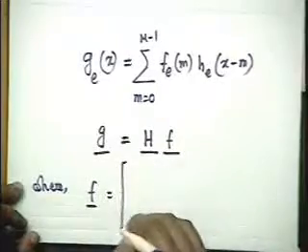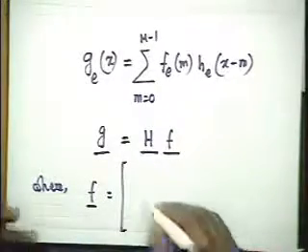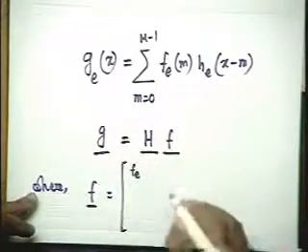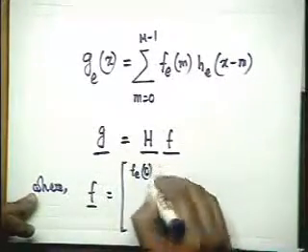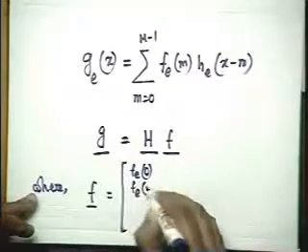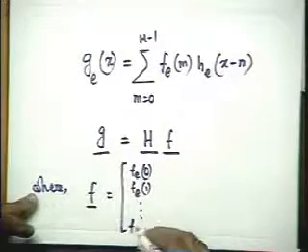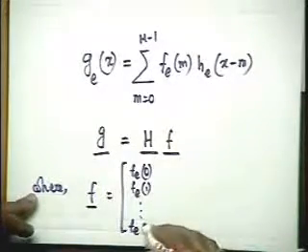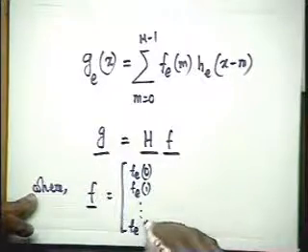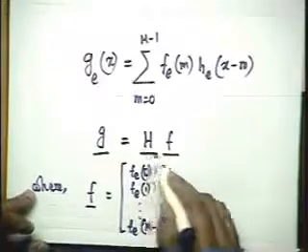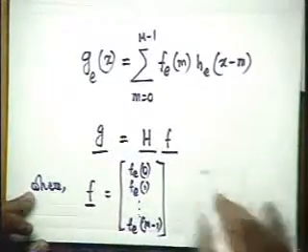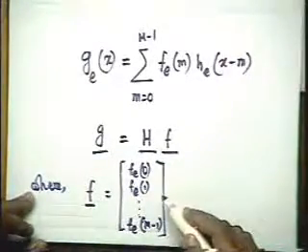So f is to be indicated by a simple vector, and we can write f e 0, f e 1, etc., up to the last element of this vector, which is going to be f e M minus 1. Alright, so this is going to be the f vector, that is to say the samples of the original image.